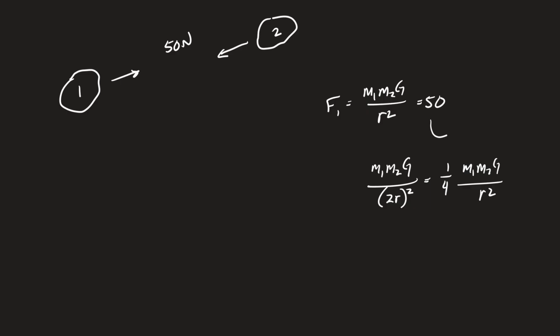I'm going to then substitute my value in for my base function. And I get 50 divided by 4, or 12.5 newtons. Do you guys see how this is done? Another one. This is the last one.